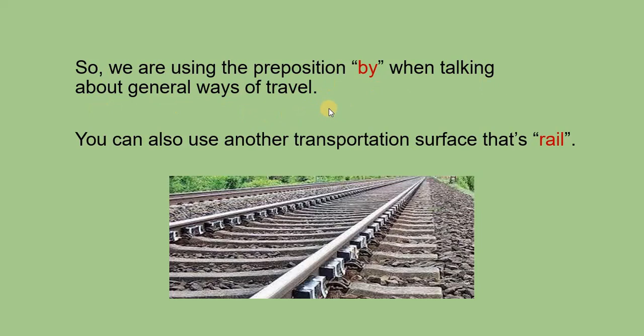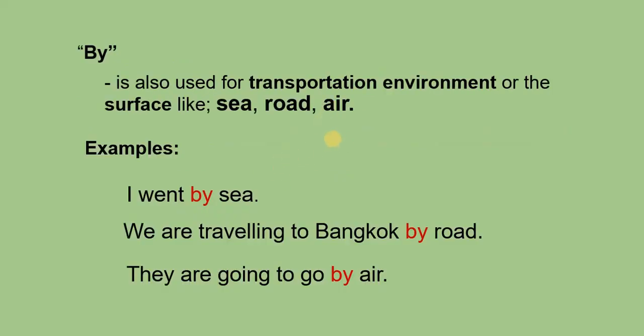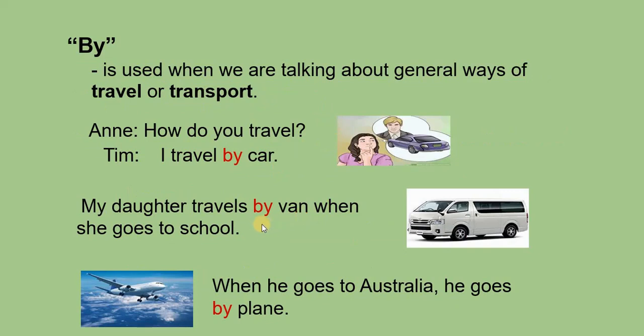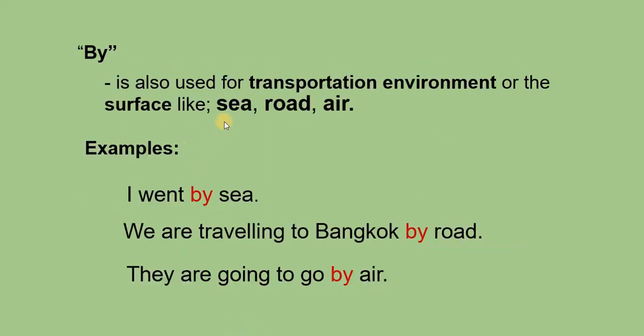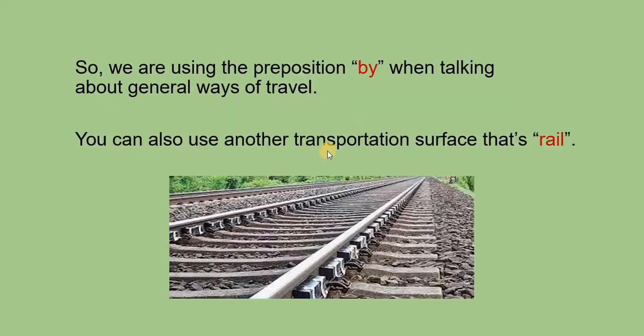So you have the example: you travel by car, you travel by van, you travel by plane, and you also travel by sea, road, and air. Or you can also use another transportation surface that's called rail. Alright? So I hope you're clear with the use of the preposition by.